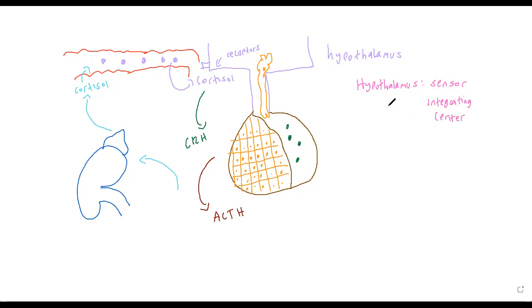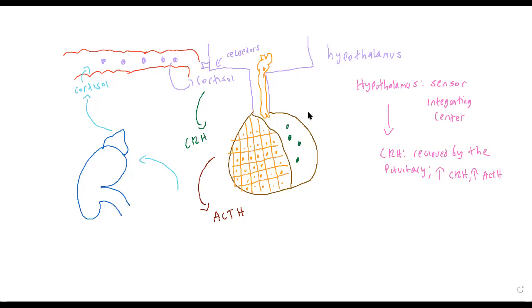Now, in this case, the hypothalamus secretes a hormone called corticotropin releasing hormone, which we'll call CRH. And CRH is received by the pituitary. So this is the hormone. It is received by the pituitary, and the greater the CRH, the greater the ACTH.